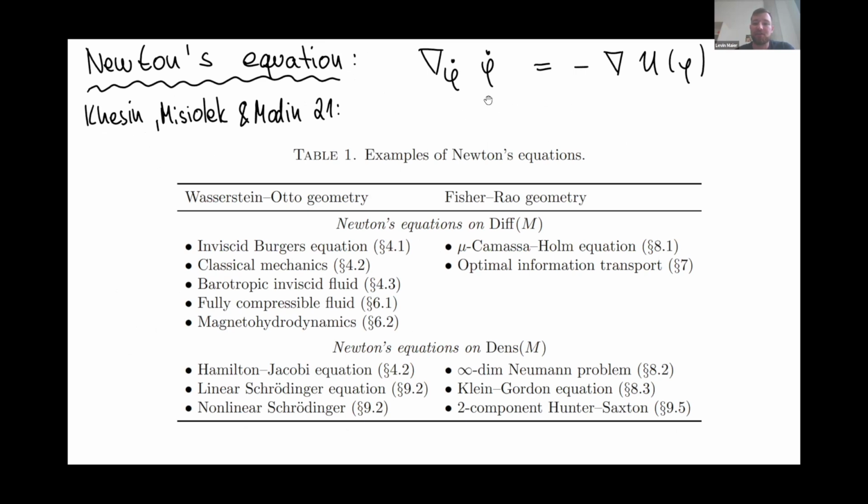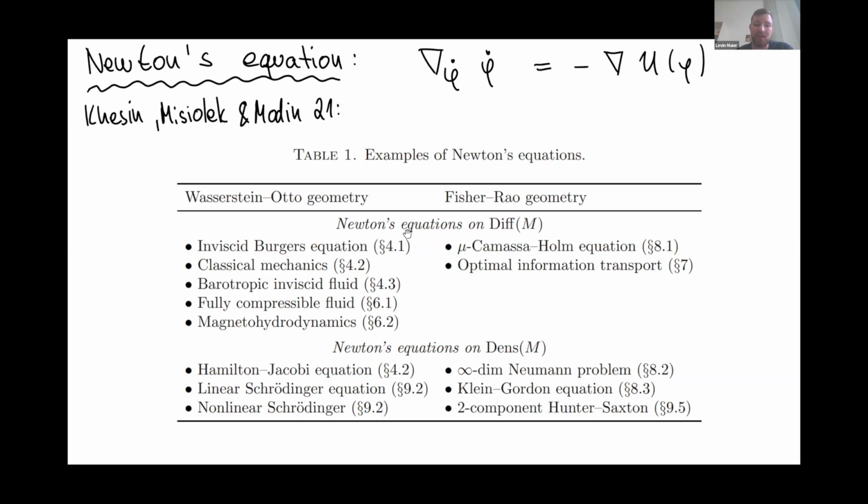So Newton's equation has this expression, and there is a nice survey paper from Boris Khesin, Jared Mirolik, and Cleas Modin, which surveys all of Newton's equations which correspond to some PDEs. So there's a whole zoo of PDEs which can be written as Newton's equation on an infinite dimensional space.